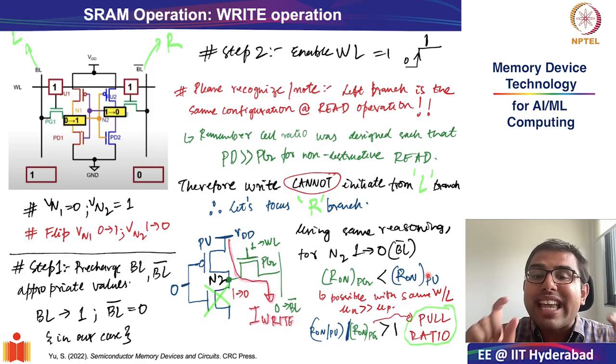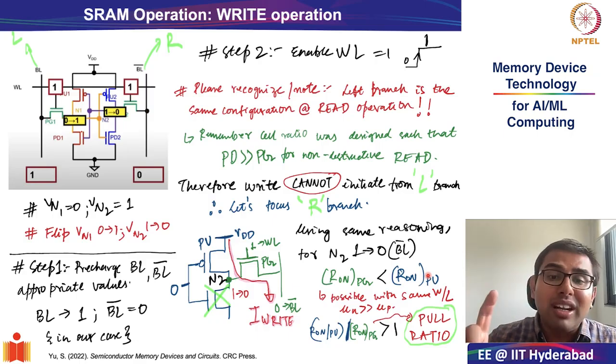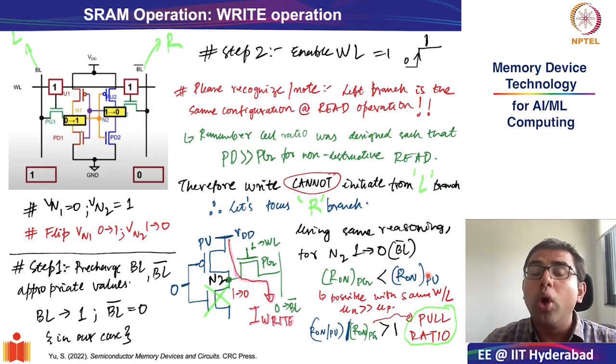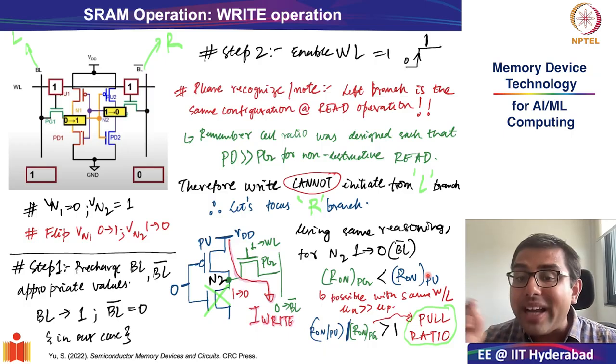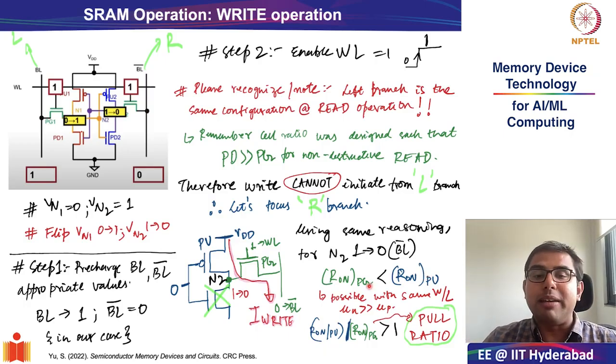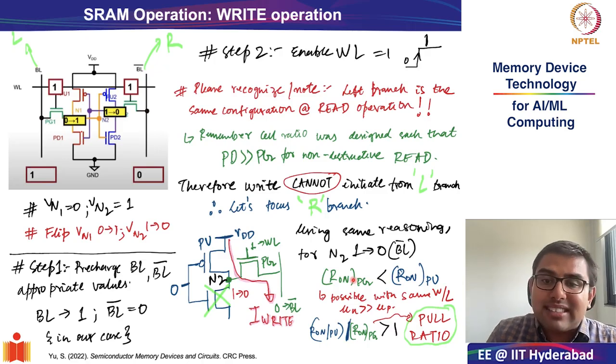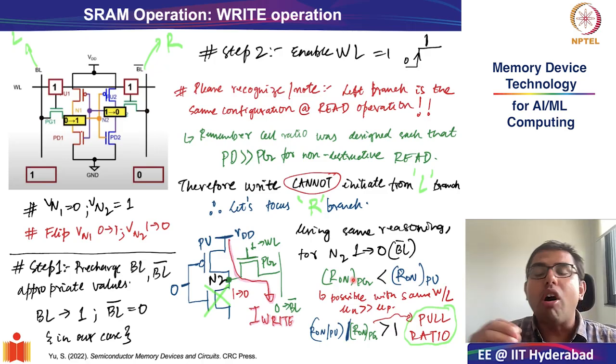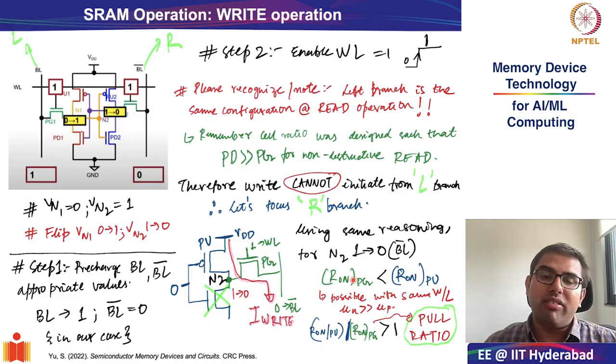Even if you have the same W by L ratio, remember, current was proportional to the mobility and W by L ratio. In silicon CMOS, since the mobility of electrons is much larger than holes, approximately 3 times larger than holes, it is easy to maintain that the on resistance of pass gate transistor is much lesser than the on resistance of the pull-up transistor with the same W by L ratio.